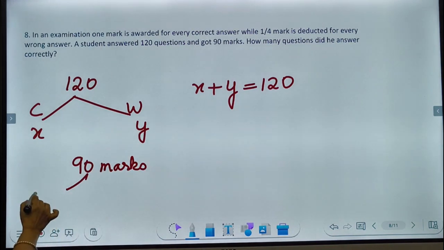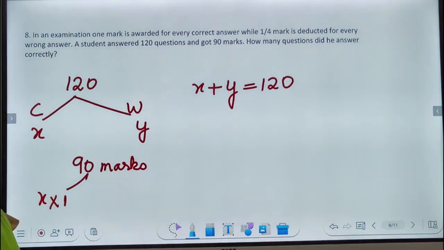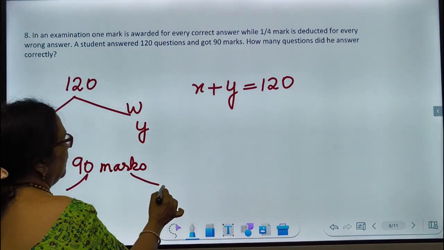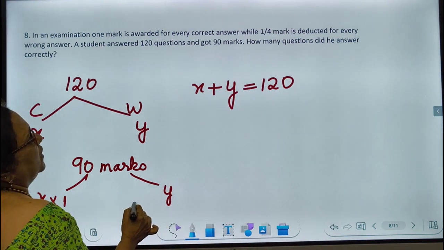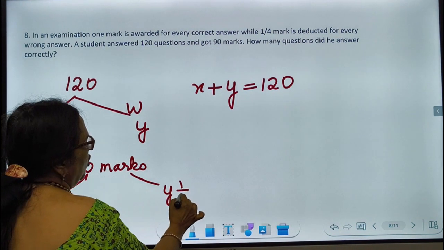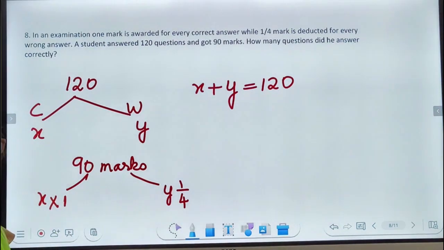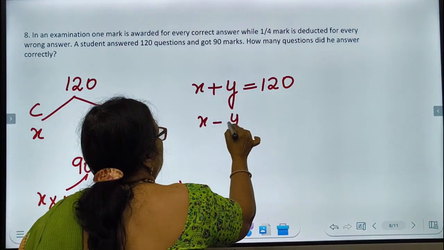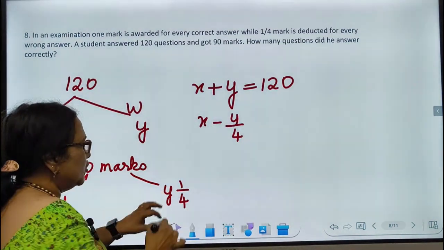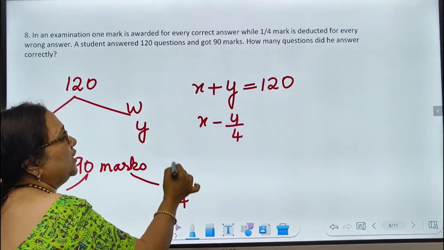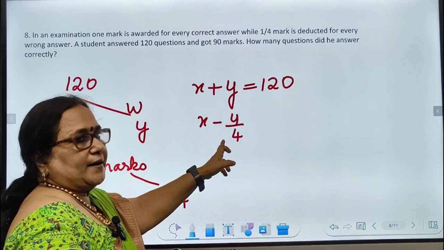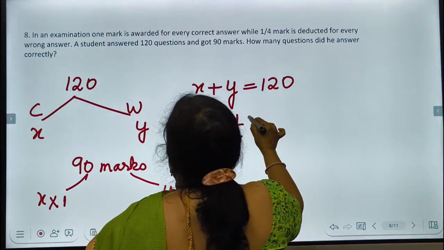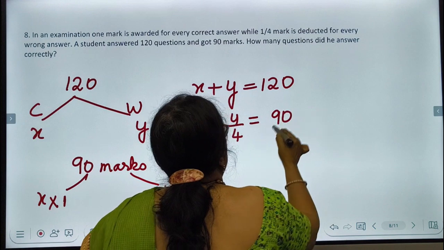If x answers are correct, then he will be given x into 1 marks. Now, for every wrong answer, how much is deducted? 1 by 4 is deducted, so subtracted. So x minus y by 4, where y is the number of wrong answers, y into 1 by 4 is a deduction. So I am subtracting. So x minus y by 4 is equal to 90.